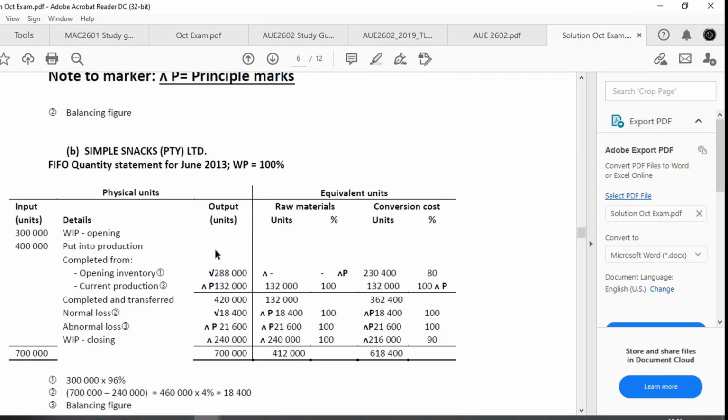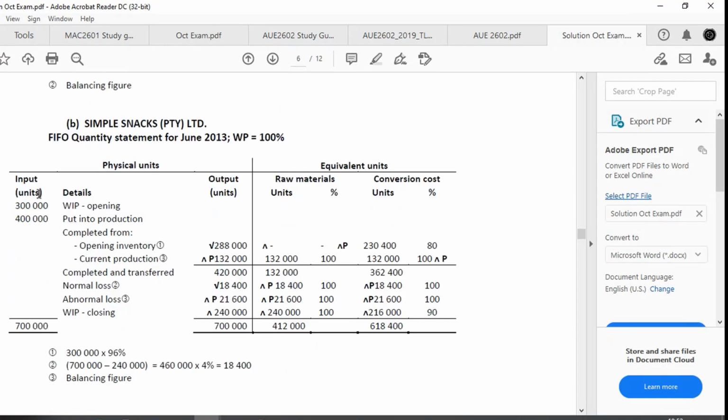Because my opening inventory, I said, that's fine. It's 300,000. So my current production is then 120 because my completed and transferred is 420. But I think I should have taken the normal loss and the abnormal loss into account. Am I correct? Yeah. Okay, I think I'll leave this to you then.